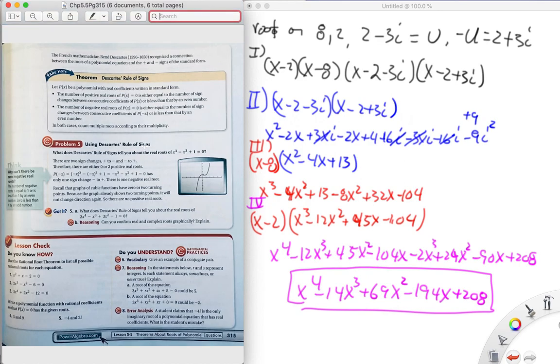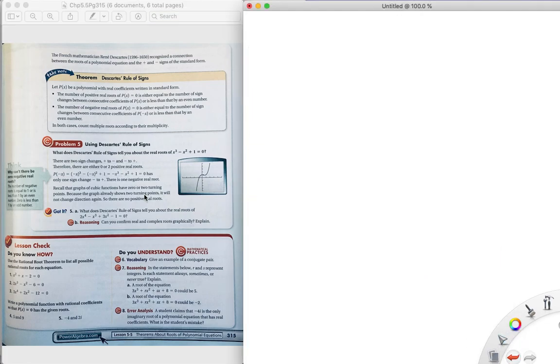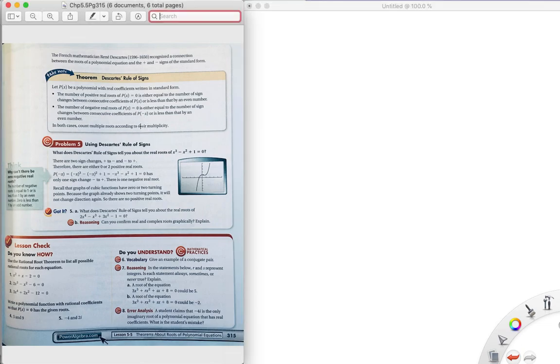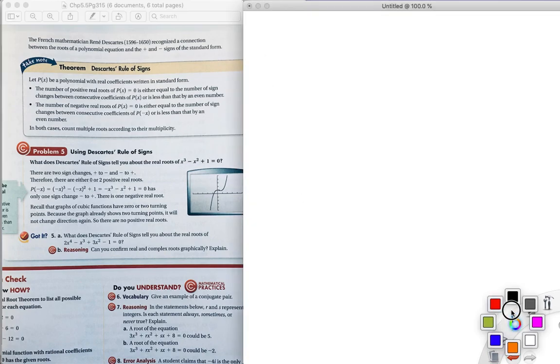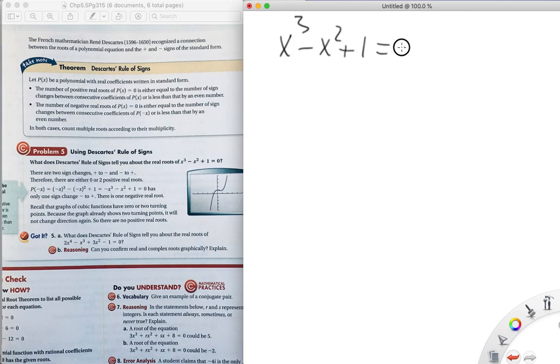Descartes' signs. Let the polynomial be a real coefficient written in standard form. He noticed, and this is not always the case, but he noticed that if I have some root, let's use the example that they give us here, x to the third minus x squared plus 1 equals 0.